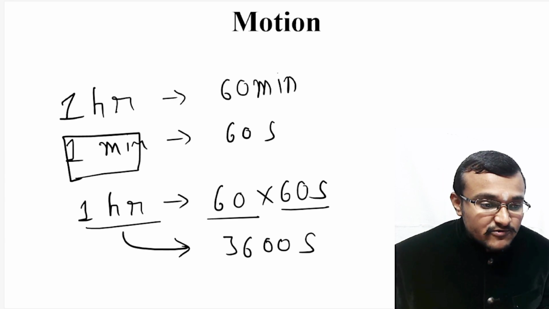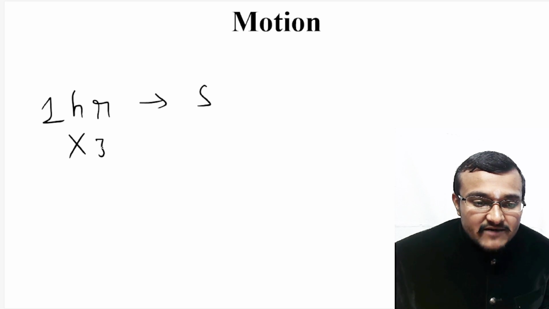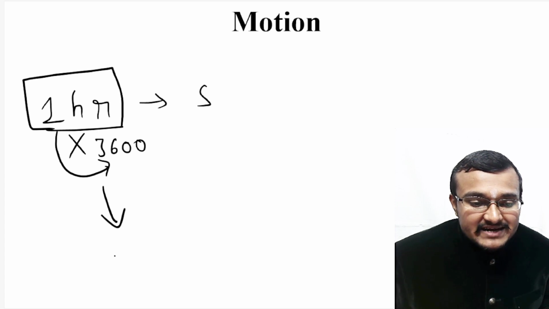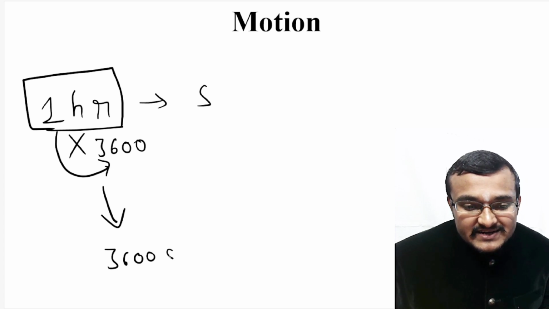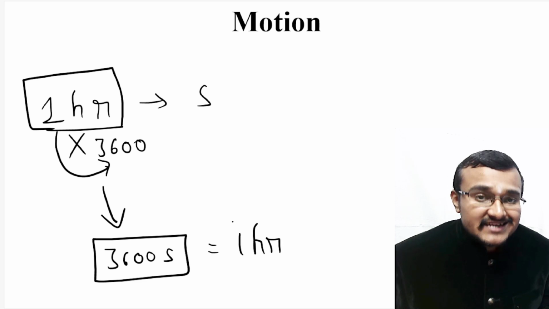So if you want to convert 1 hour into seconds, you should multiply this 1 hour with 3600, and you will get 3600 seconds. That means 1 hour is equal to 3600 seconds.